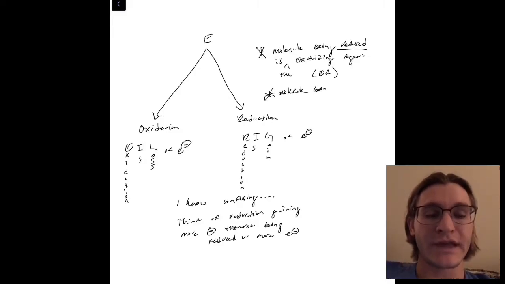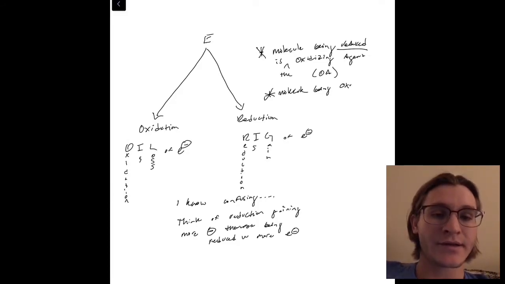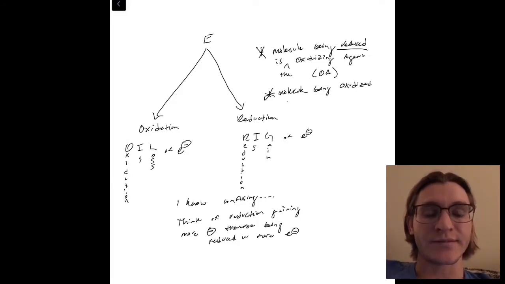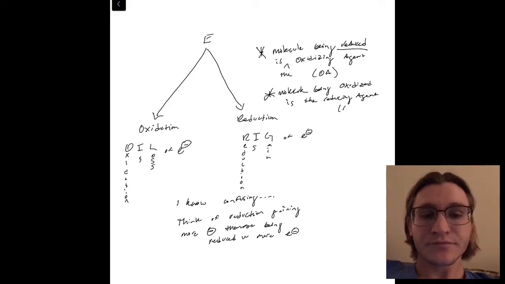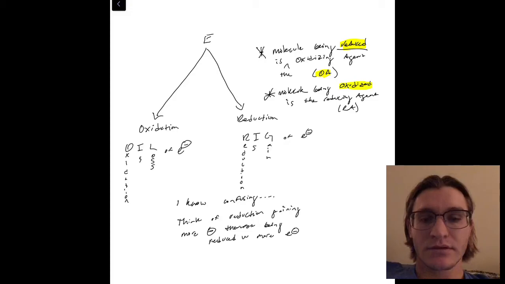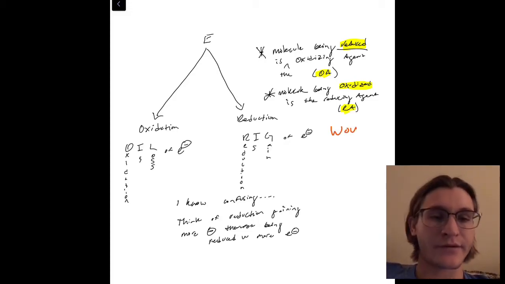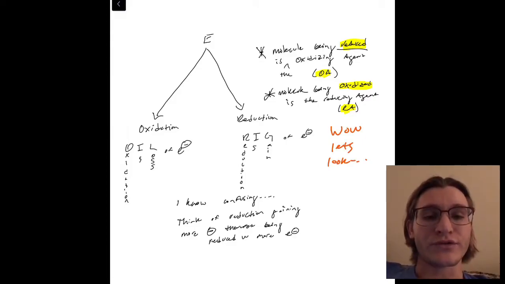So a reducing agent is being oxidized, and an oxidizing agent is being reduced. I'm going to give you an example here, and some problems to work out as well. Highlighted: reduced for oxidizing agent, oxidized for reducing agent.